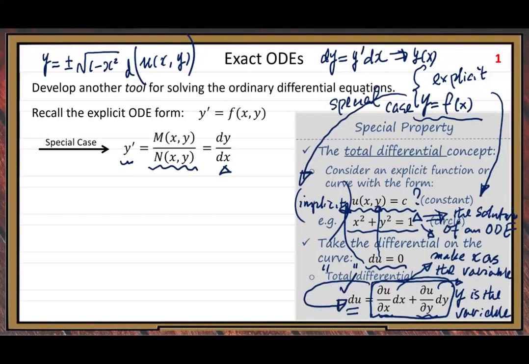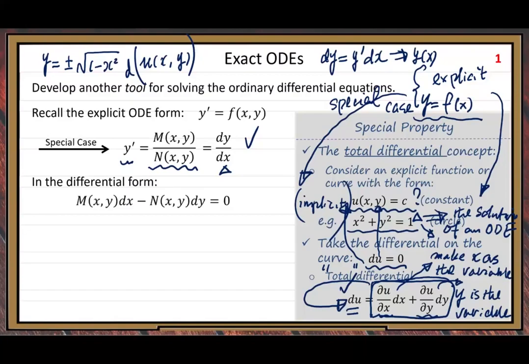With this background, now we can go back to our current new consideration of the ODE: y prime equals that special fractional form, with two-variable functions in the numerator and the denominator.